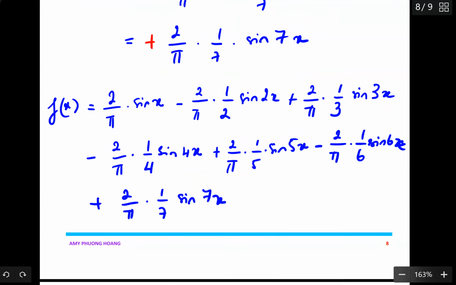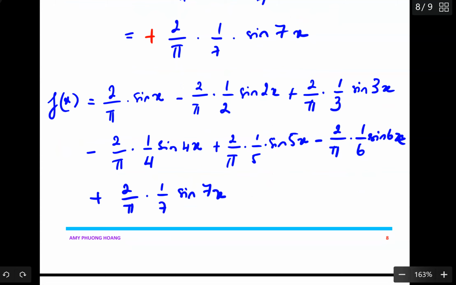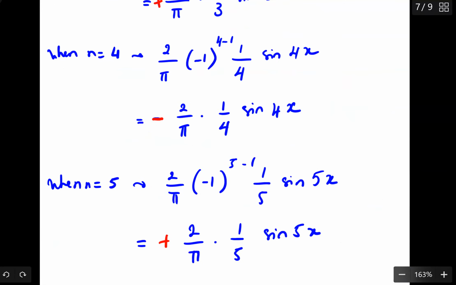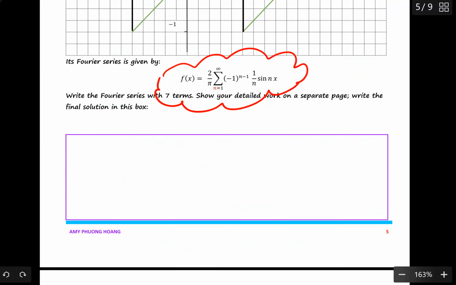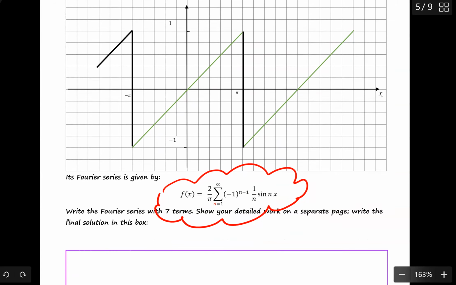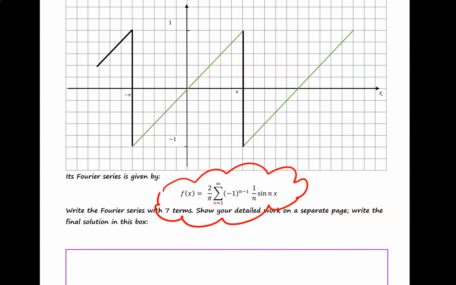So these are the 7 terms that they asked me to write for this particular sawtooth wave. Given the Fourier series for this would be equal to this equation, they write it as a summation, and I have to expand it to have 7 terms, and those 7 terms that I add up are actually functions of sine.